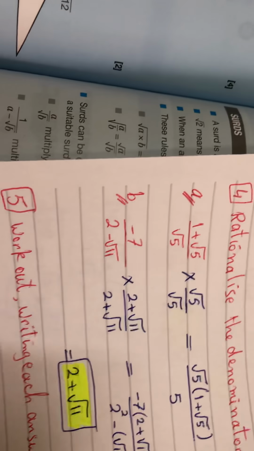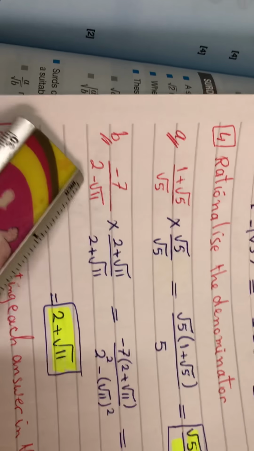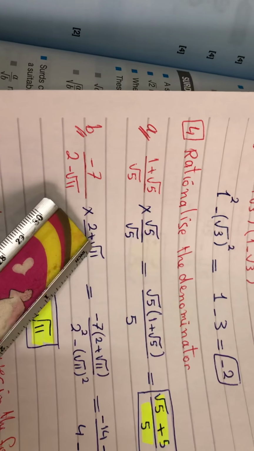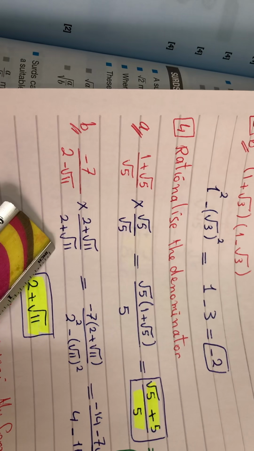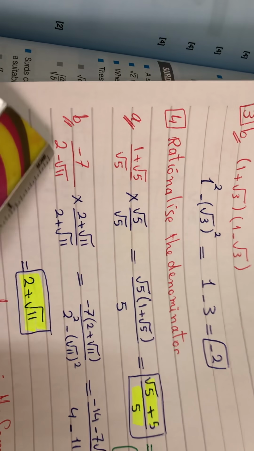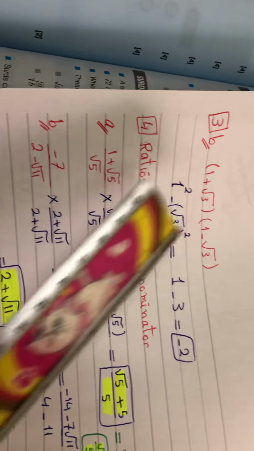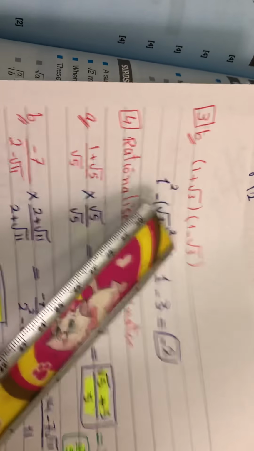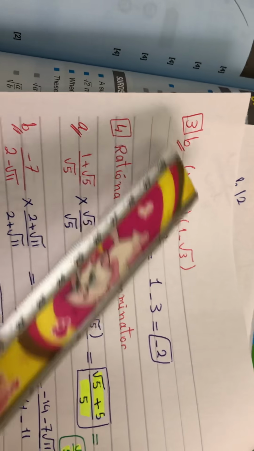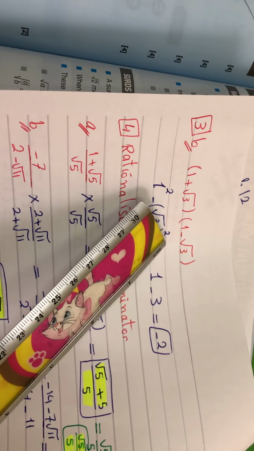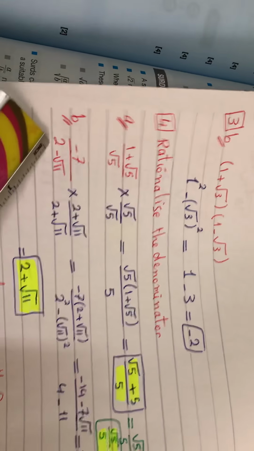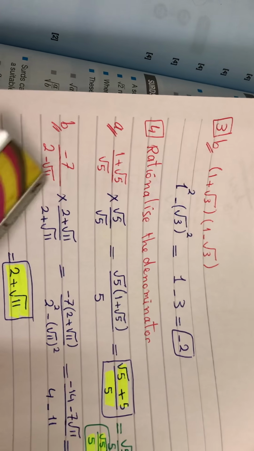So here, if I have expression in negative, I'll make it positive, up and down. Now, 2 minus square root of 11, 2 plus square root of 11. Like this case, 2 brackets, 1 positive and 1 negative. Exactly the same.